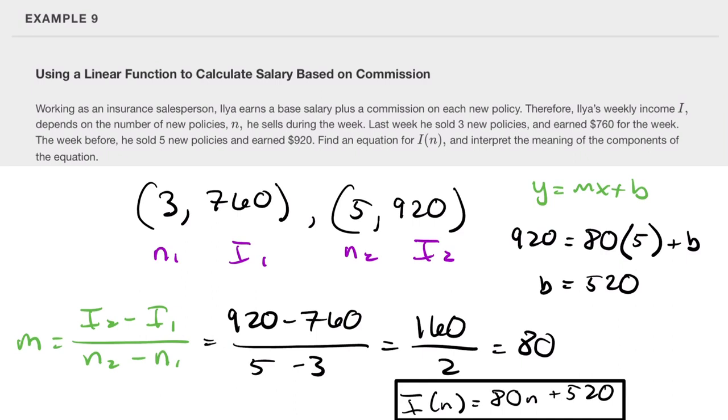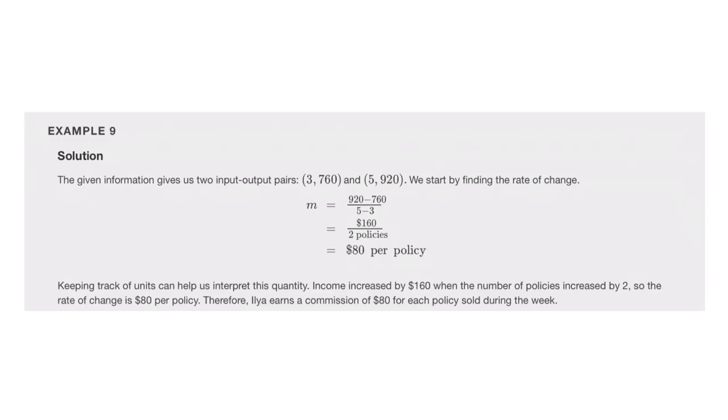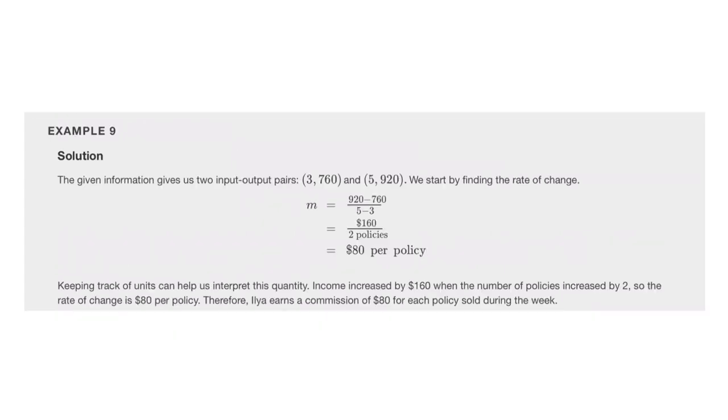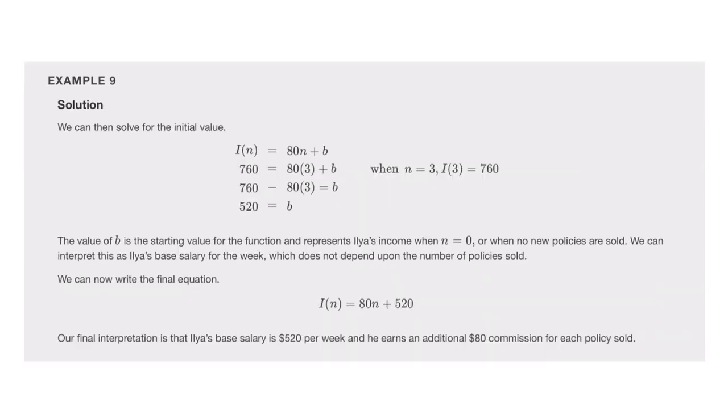It looks like if he sells 0 policies in a week, they'll give him $520 for the week. But again, I don't think that company will want to keep him around too long if he's not selling policies, right? So let's move forward. So 80n plus 520. I think that's exactly what we got.